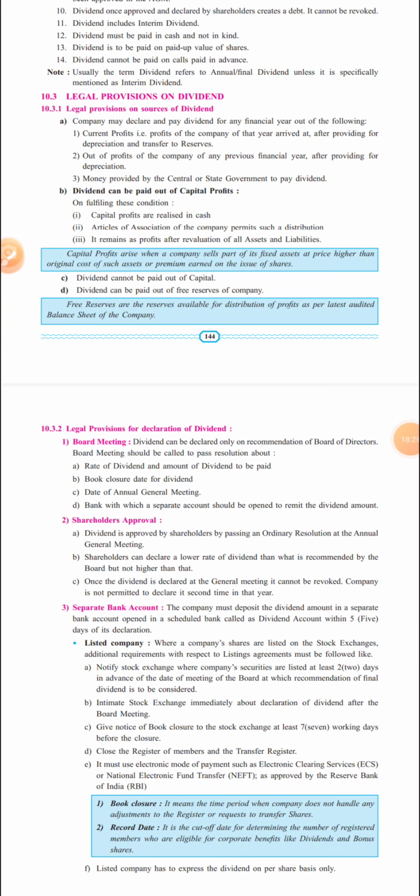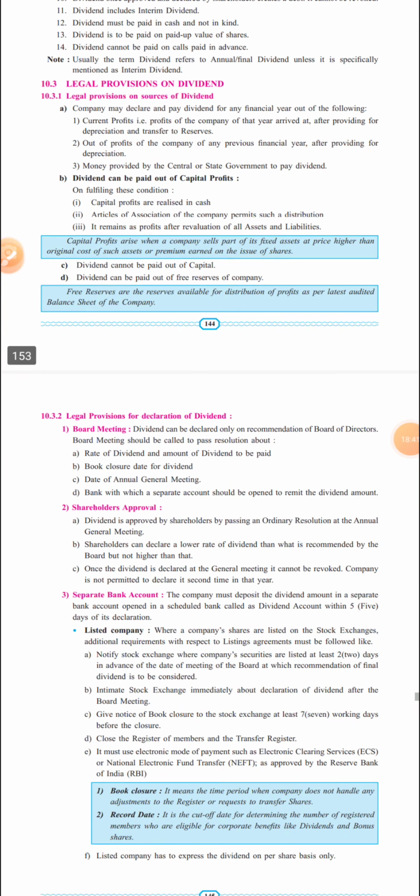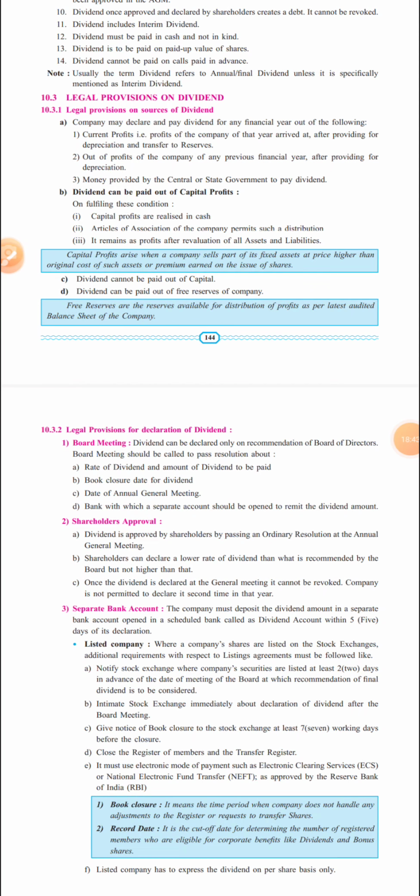So this notice to the stock exchange regarding book closure is given 7 days before actual closing of books for entering the name of new member in the register of member. Close register of member and transfer register.